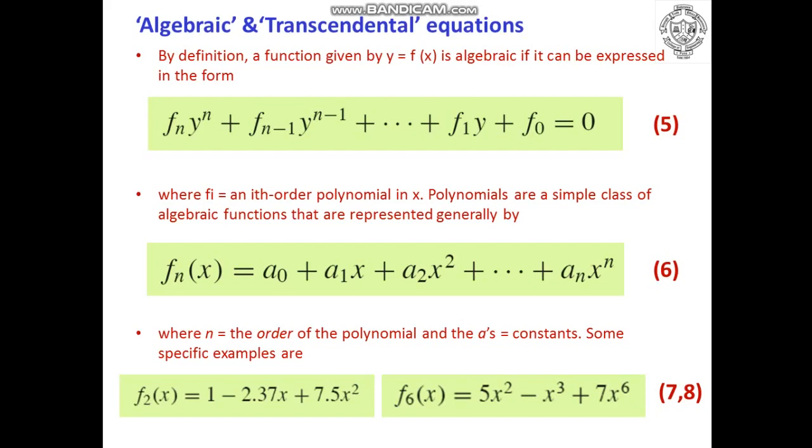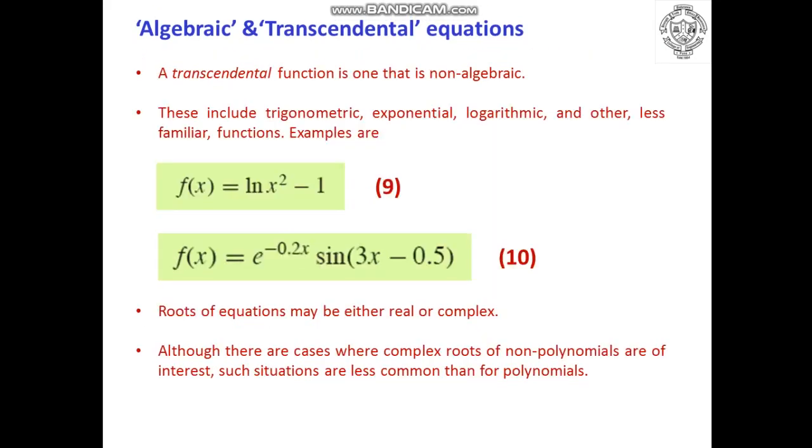Some specific examples of algebraic equations can be seen here: f2 of x is 1 minus 2.37x plus 7.5x square, and another is f6 of x equal to 5x square minus x cube plus 7x raised to 6. On the other hand, a transcendental function is one which is non-algebraic.